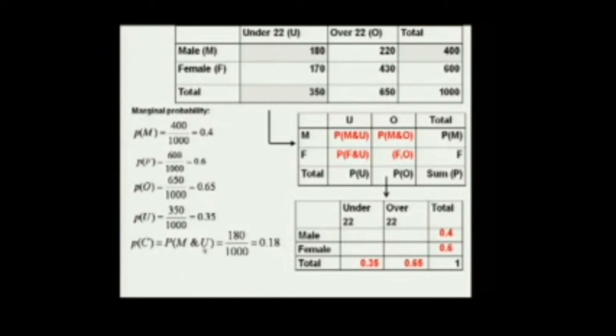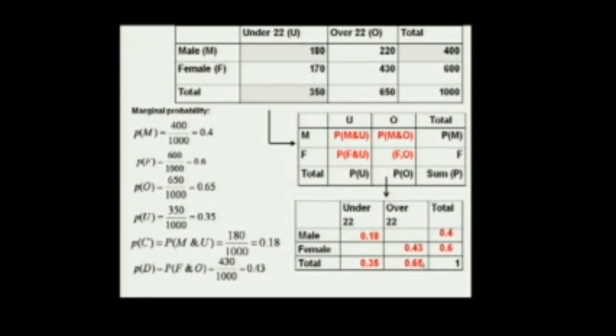That's a coexistence of events. So the 0.18 has to be put where? In this cell here, the male and the under. Similarly, the female and over. If we look at the female and over, we have 430 divided by the total of 1,000. This will give us 0.43, which will have to come right here, female and over.